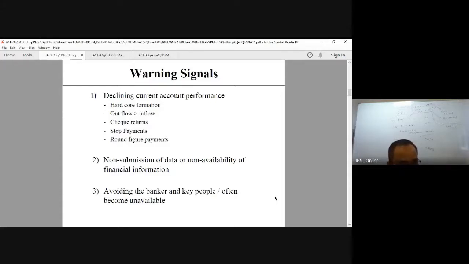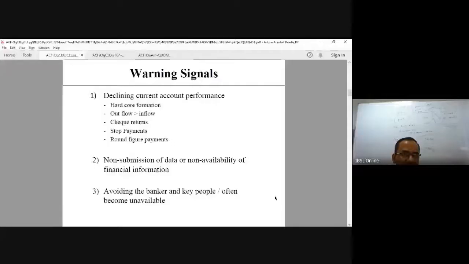Round figure payments. You look at the round figure payments. Business normally purchases, the checks that they are issuing cannot be round figures. I mean, invoice values, there will be odd figures. When it comes to round figures, this shows something is wrong. Many a time what happens is that people take money from money lenders.